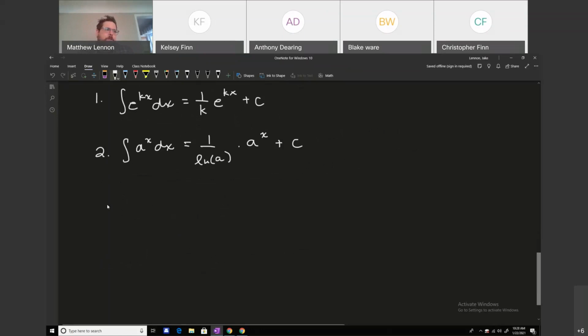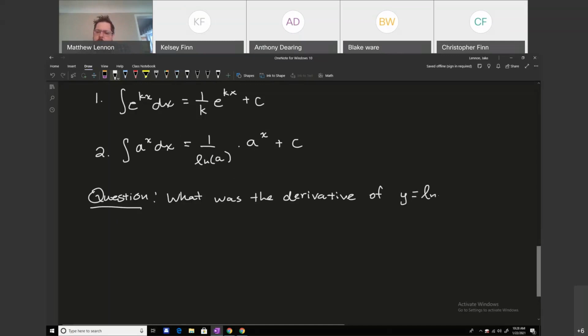So here's a question. What was the derivative of, let's say, y equals the natural log of x?